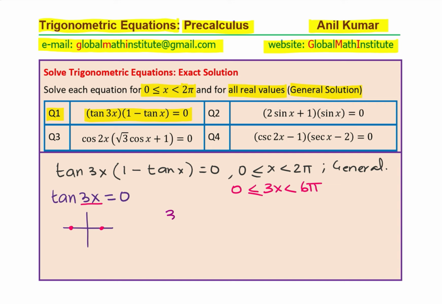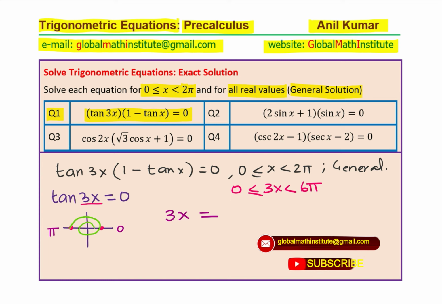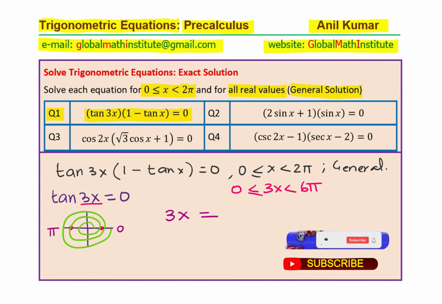Looking into this, what do we get? We get 3x equal to 0, and I should say radians, since we are working in radians, then pi radians, and then again 2 pi, 3 pi, 4 pi. So what you need to do is continue going 3 times, since this is tan 3x.